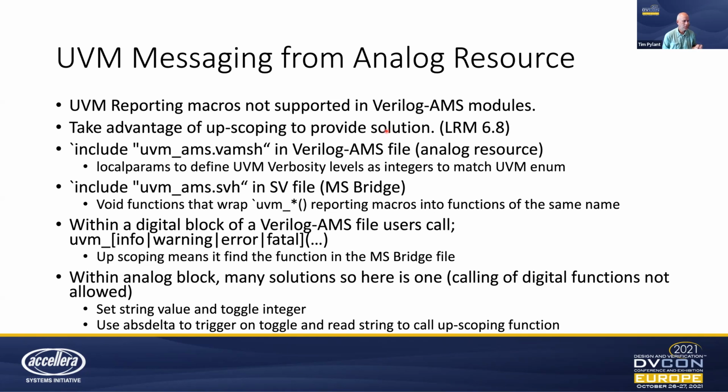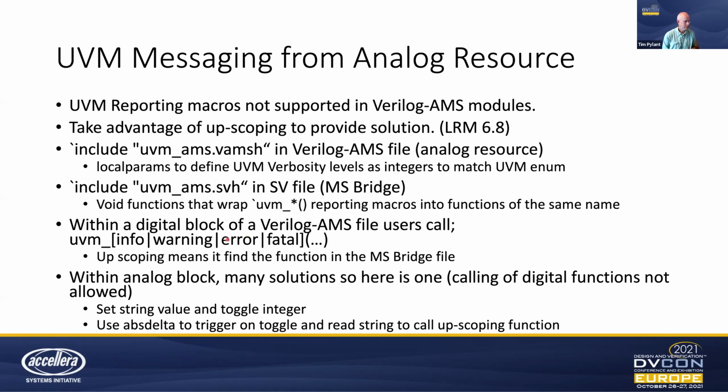And so that's the solution that we're recommending. It's very simple. You just need to include a file in your Verilog AMS analog resource to define some parameters. You include it into your SystemVerilog bridge file that's going to wrap the UVM info messages.